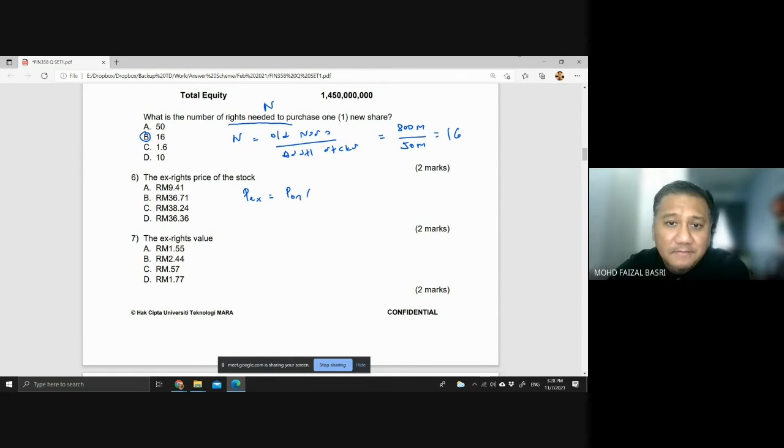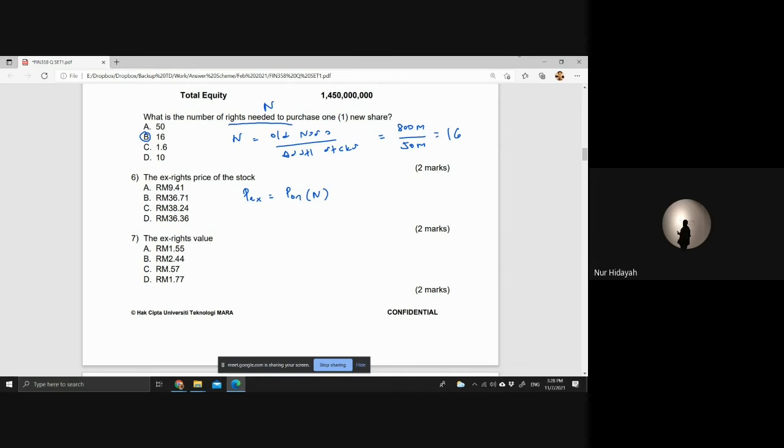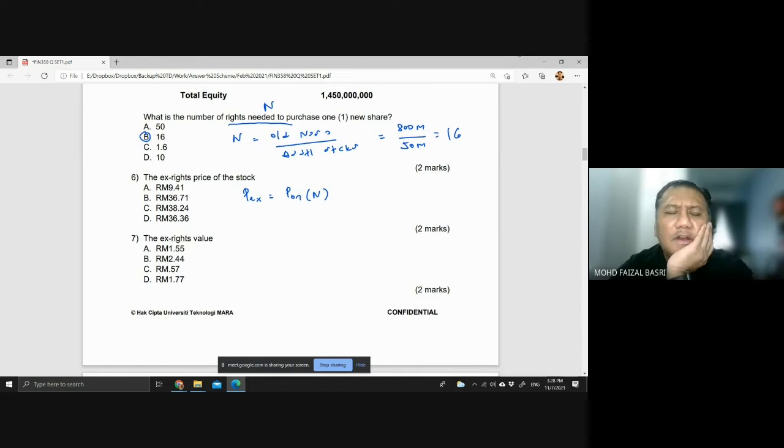Price on darab N. Lagi? Price nak cakap straight, price on tambah PS yang bahagi N tambah 1 tu. Divide by N plus 1.